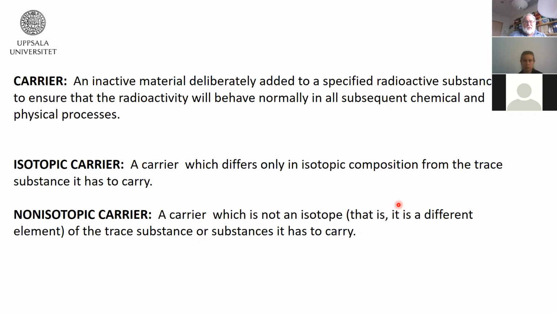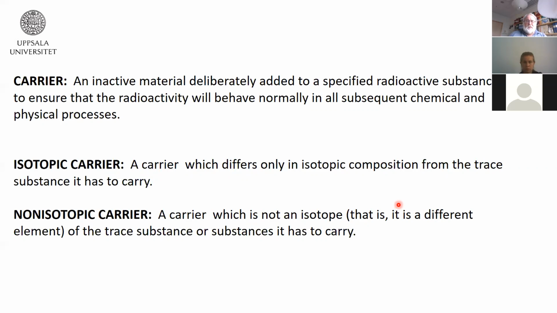It might be an isotopic carrier, when you add a stable isotope of the same element as the radionuclide. In some cases, it works with a so-called non-isotopic carrier, when you use a chemical analog and let your substance behave in this way.